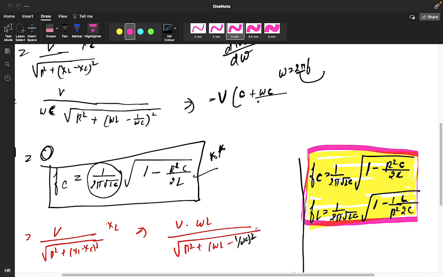So make short notes. In those short notes you have to write this formula. Then before the examinations, you can just see this result and implement it in the examination.